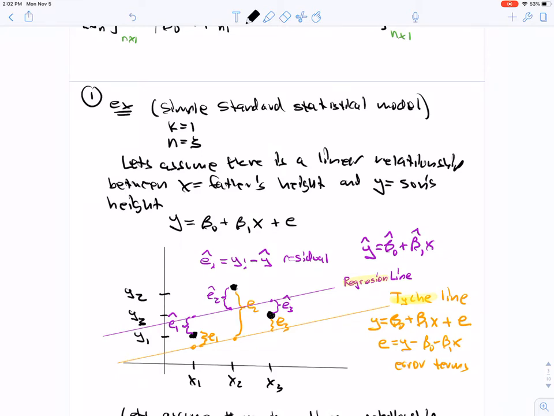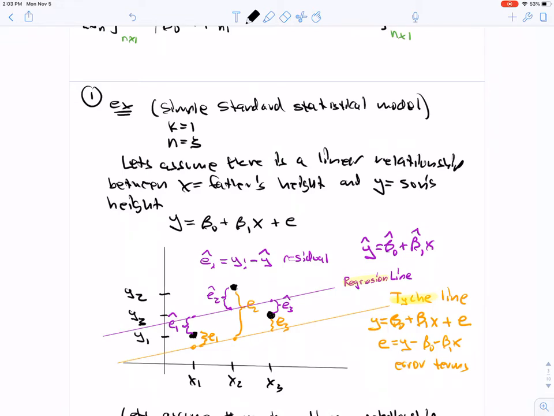There are two lines to keep in mind. There's Tyche's line. Tyche's line is the true relationship between x and y given by the standard statistical model. But I'll never know exactly what Tyche's line is because I don't know what beta 0 and beta 1 are, and hence I don't know what the error term E is.